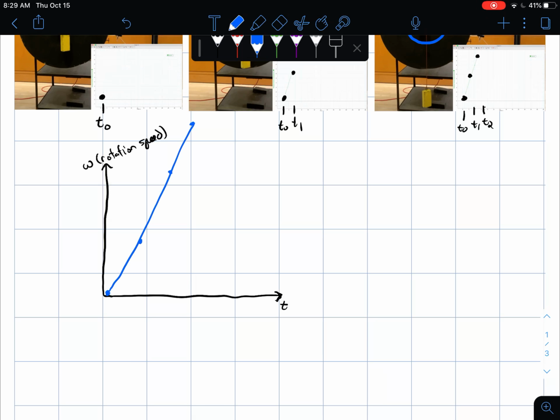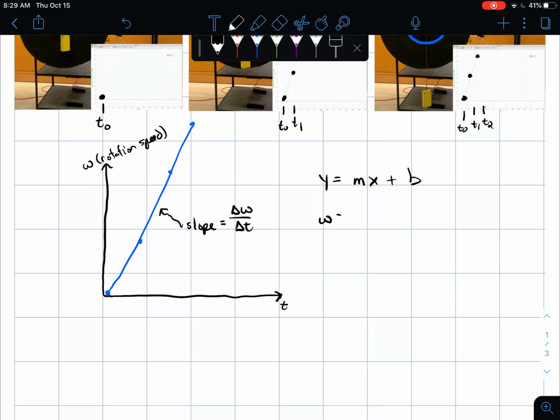Now we remember from math that this line has a slope, which is equal to delta omega over delta t. It's just the rise over the run. Fantastic. Now also, since it's a straight line, we remember the equation for a straight line was y equals mx plus b. Here we're going to change that, because on our vertical axis we now have omega.